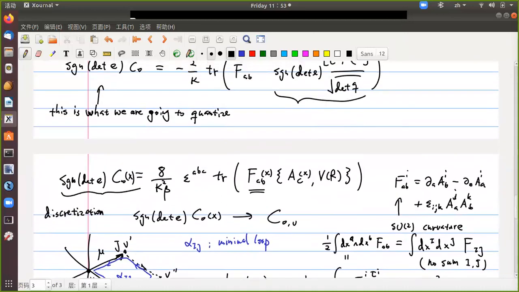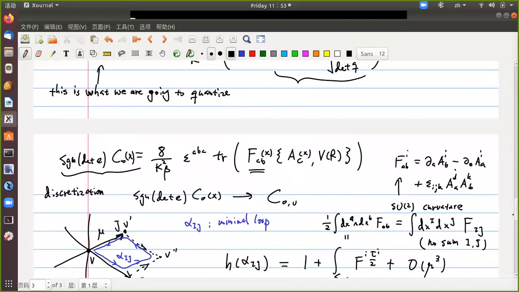It is curvature because if you consider the language of fiber bundles, this SU(2) connection is a connection on the principal fiber bundle, and this F corresponds to the curvature of the principal fiber bundle. It depends on what we mean by why it's called curvature. For mathematicians, this is just the name for the object defined from the connection.